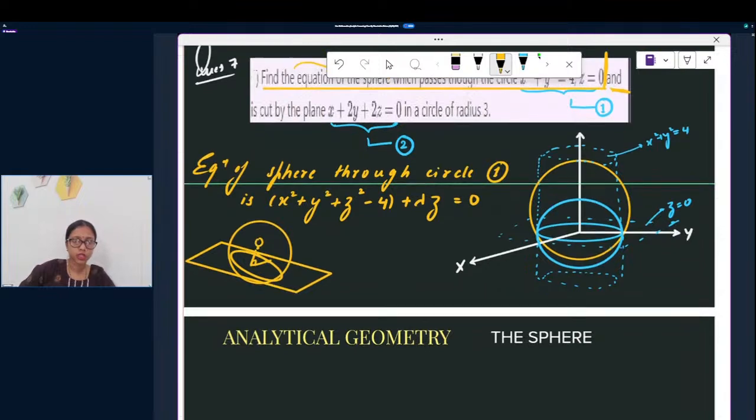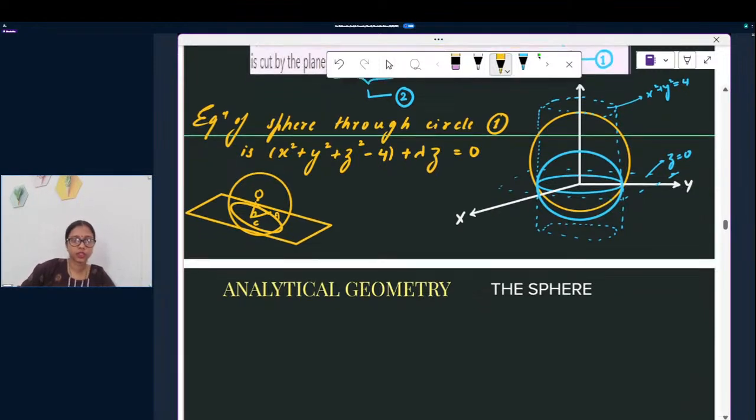So this is O, this is C, this is A. The radius of that circle, CA square, is actually OA square minus OC square. What is OA square? OA square is the radius of the sphere.